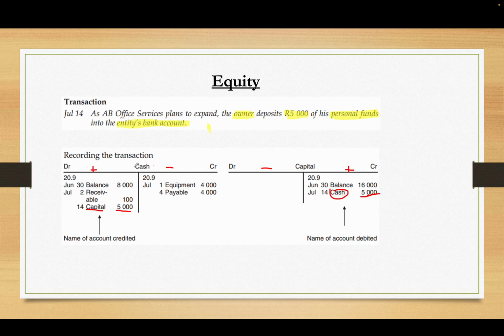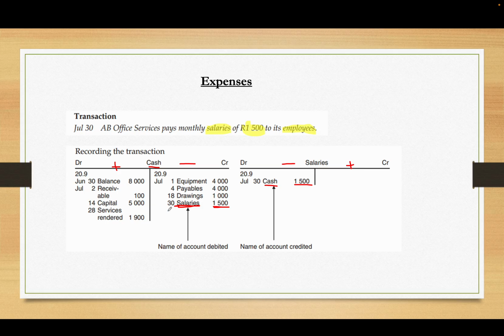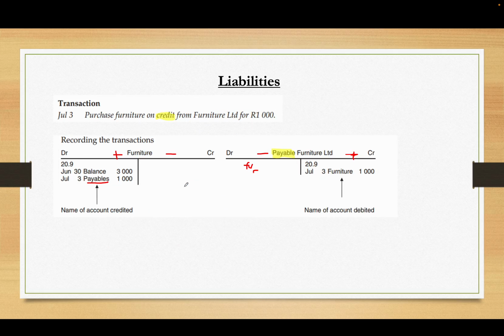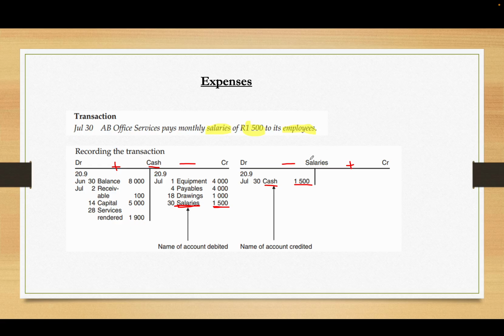If it was a debit in this situation, it increases furniture with 1k and then decreases payables with 1k. Doesn't make sense. That's why I'm a bit confused with this one, but we'll get back to it. So yeah, it decreases bank with 1.5.